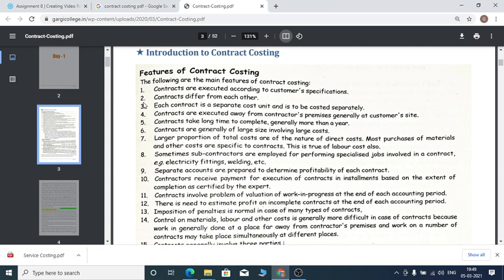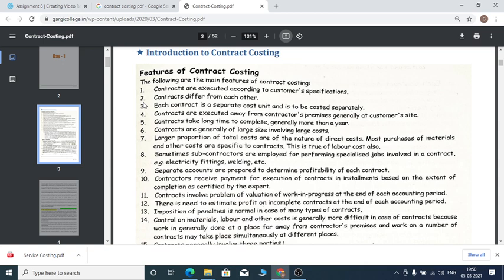Separate accounts are prepared to determine the profitability of each contract. As we have discussed, each contract is treated as a separate cost unit. To calculate the cost of each contract, we maintain different accounts. So you have to prepare different accounts to calculate the cost and the profitability of each contract.